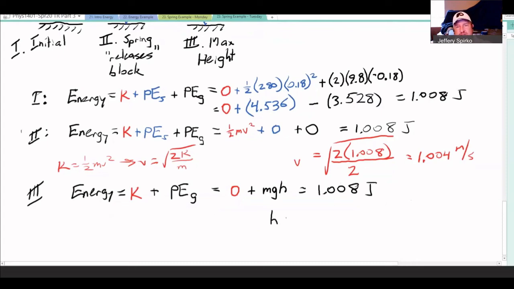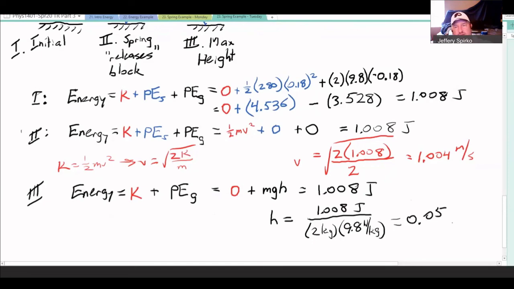So now we get h is equal to 1.008 joules over mass times 9.8 newtons per kilogram, which equals 0.051 meters, equals 5.1 centimeters.